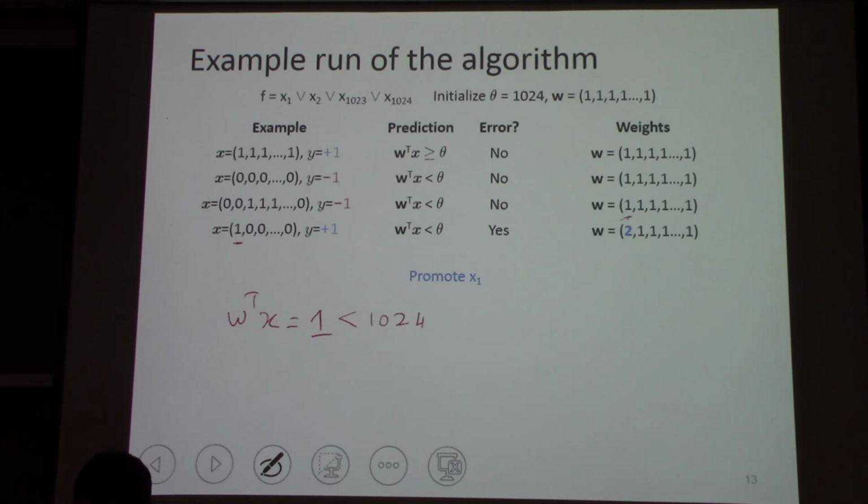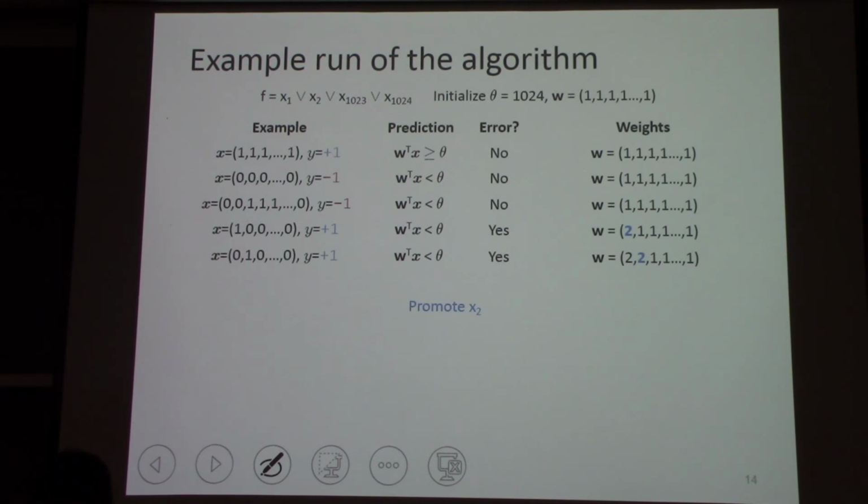But the true label is +1, so we made a mistake. The update rule demands that all the features that are in this input should be promoted. Only the first feature is in that input, so it gets doubled, and all the other features remain the same. That clear?